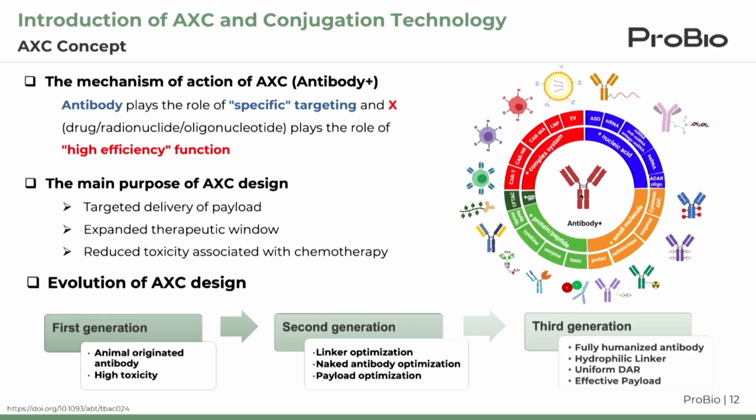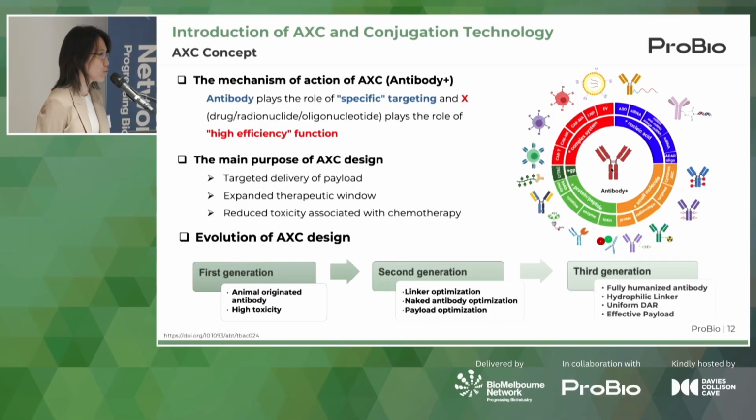For example, it could be a potent small molecule to make the conventional ADC, or a radioisotope to make antibody radioisotope conjugates. It could also represent nucleic acids, such as ASO or siRNA, to make antibody oligonucleotide conjugates.